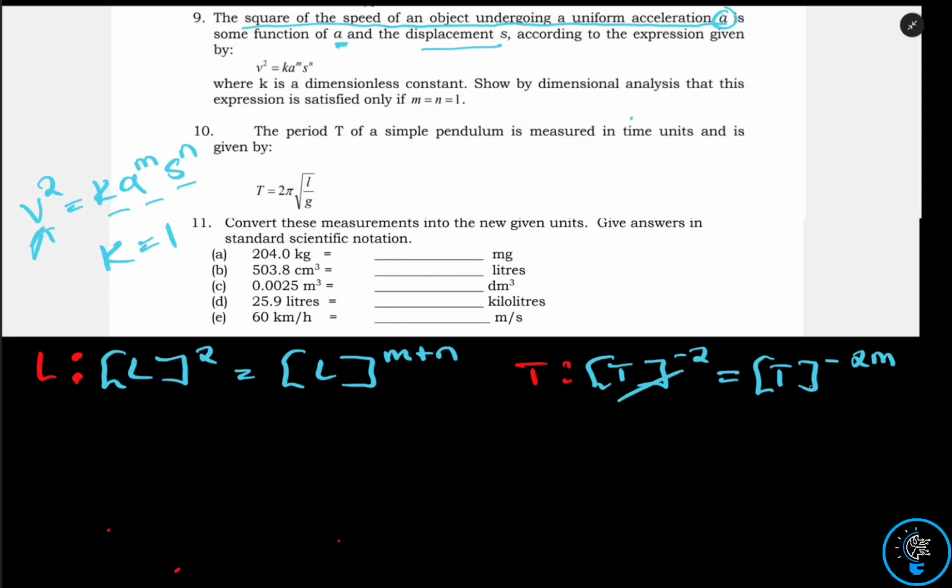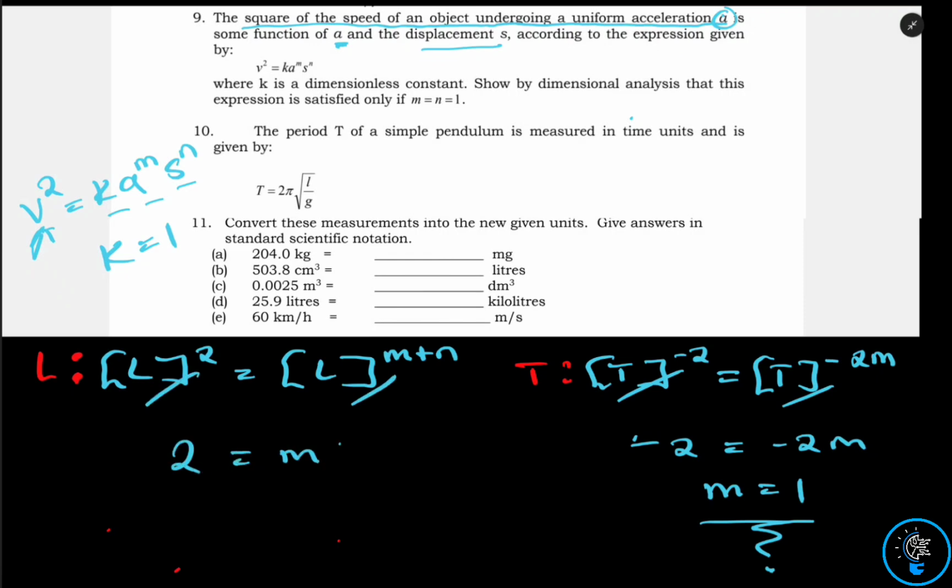So on this part, we know that the bases can cancel. We are going to have -2 equals -2m, which means m is equal to 1. This side, we know that the bases can cancel and we can have the powers as m plus n. And we know that m is 1, so it would be 2 equals 1 plus n. So n will be equal to 2 minus 1, which is equal to 1. Okay, we are done.